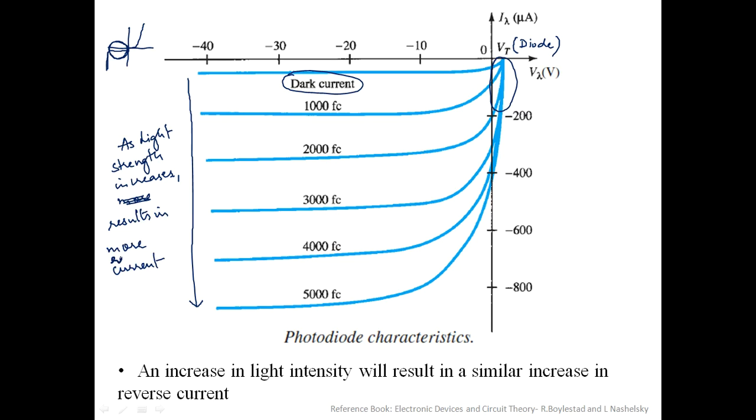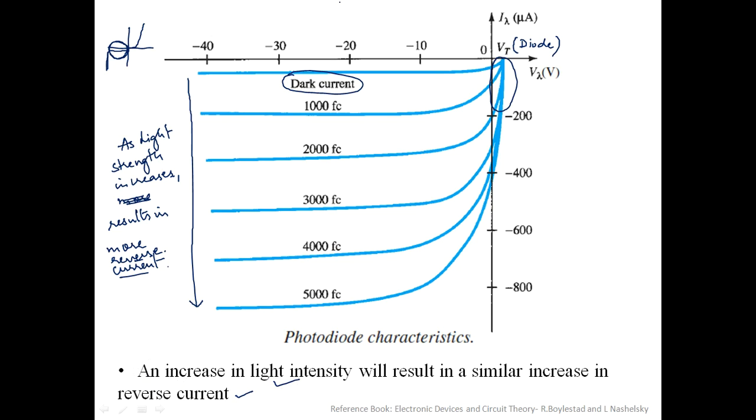To be specific, it is reverse current. Okay, fine. So, that is exactly mentioned, and an increase in the light intensity will result in a similar increase in the reverse current.